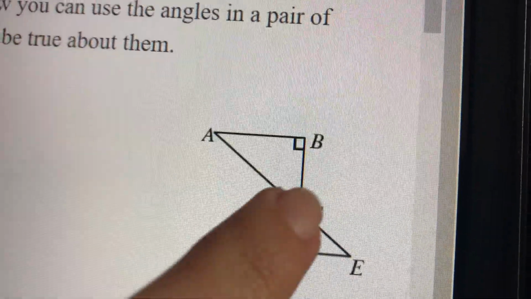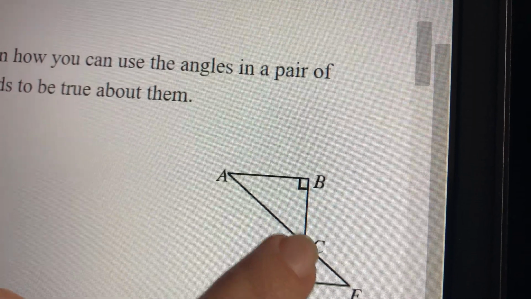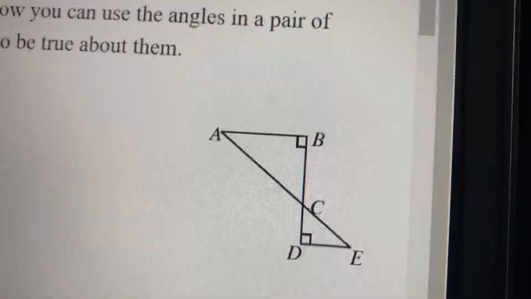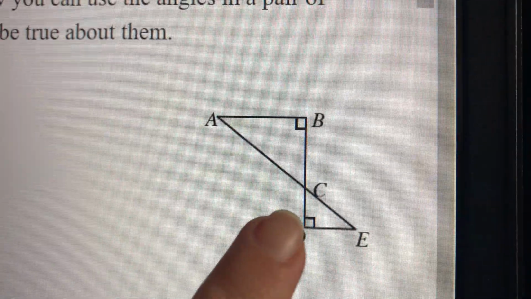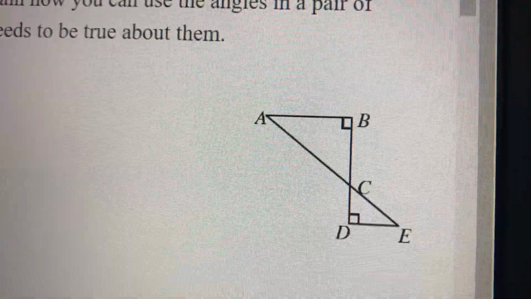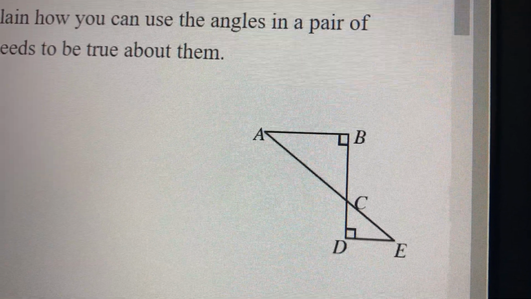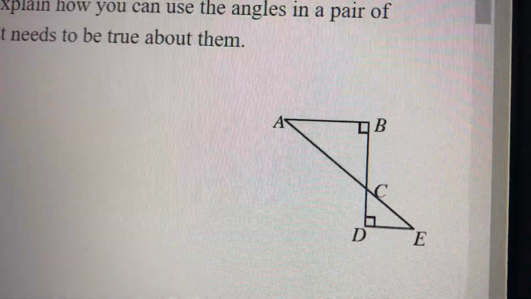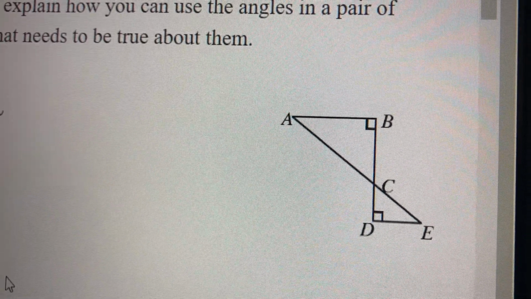Vertical angles are those angles that are opposite of each other, and those will always be equal to each other. So yes, there are two pairs of corresponding angles that are equal. Angle B is equal to angle D, and angle C is equal to angle C, obviously.